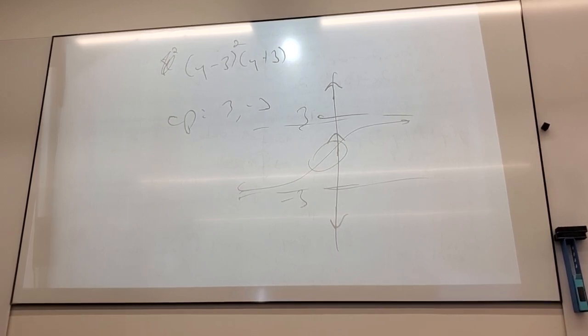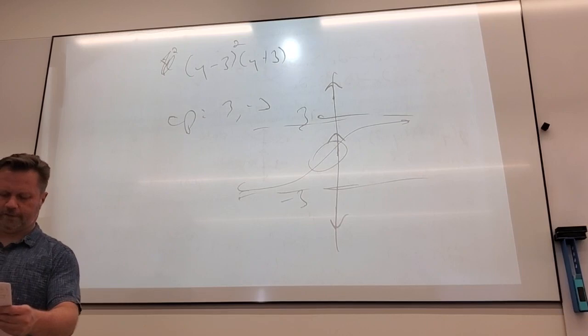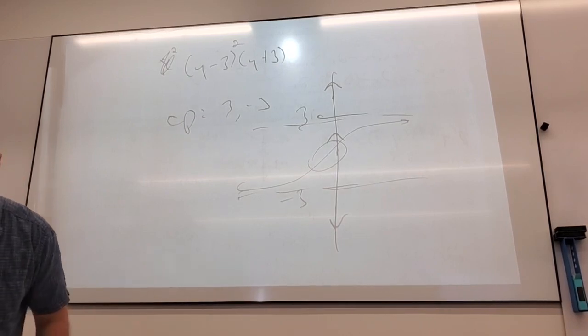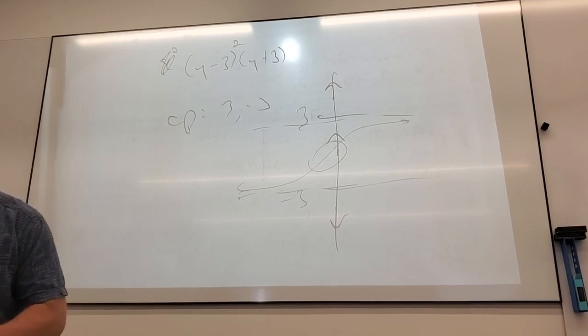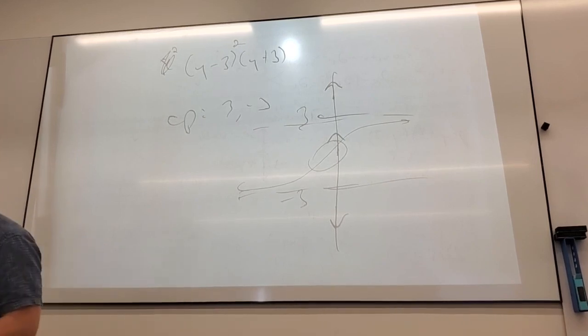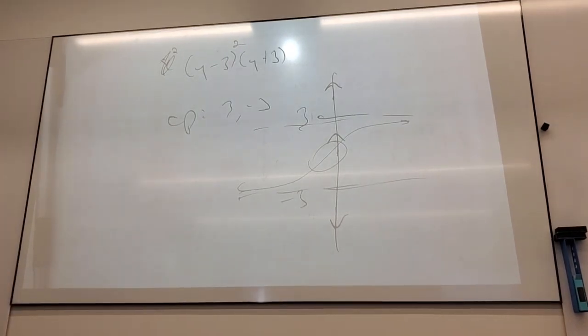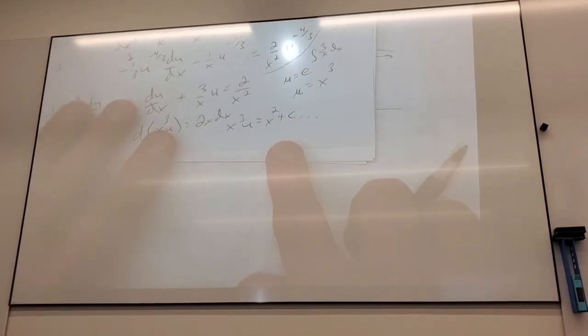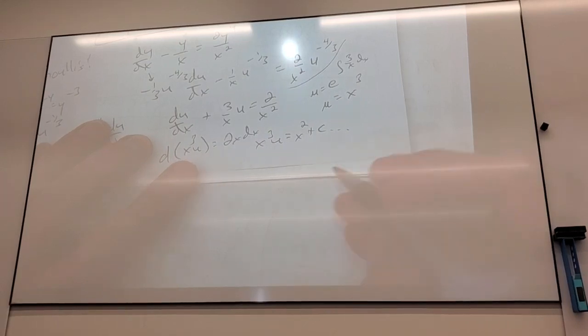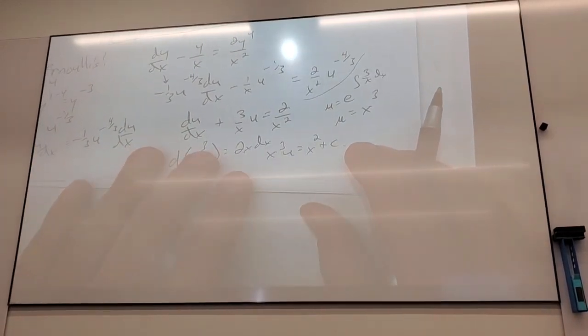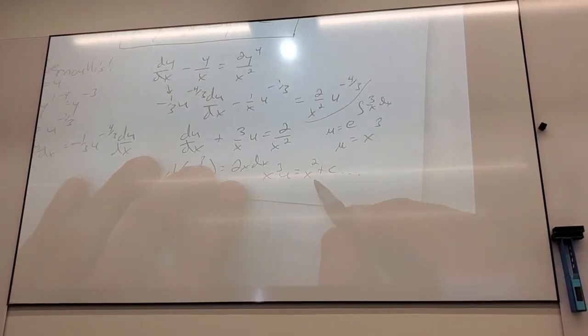Oh yeah, the very last one I didn't finish because I just got tired. Really quickly on that number 5. I was running out of room, and I got to this point, and then you would just plug back in what u was. u was y to the -3.